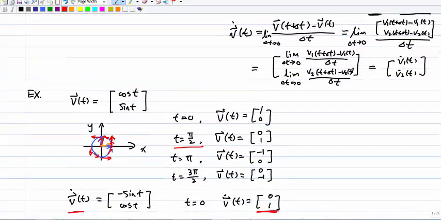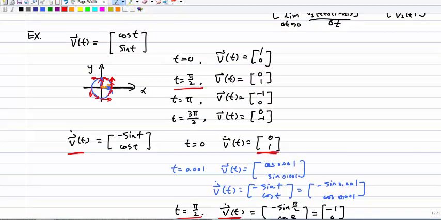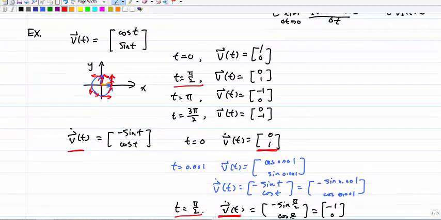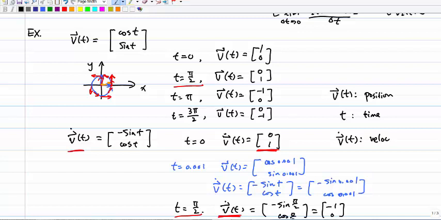In my previous video, I talked about the physical meaning of derivatives. If v sub t is the position of an object and t is time, then v dot t will be the velocity.